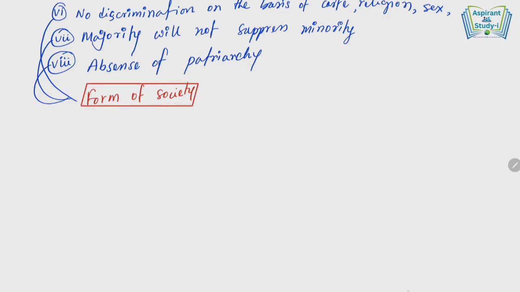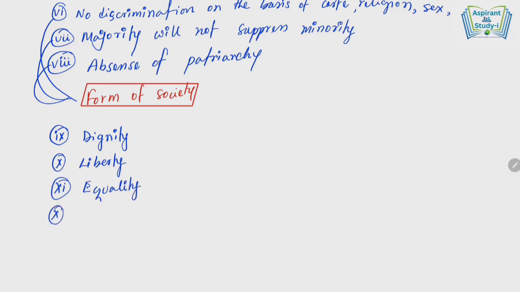Okay, let's understand some more features. Dignity of the person is equally important in democracy. Liberty of a person is important. Equality of a person. Fraternity of a person.